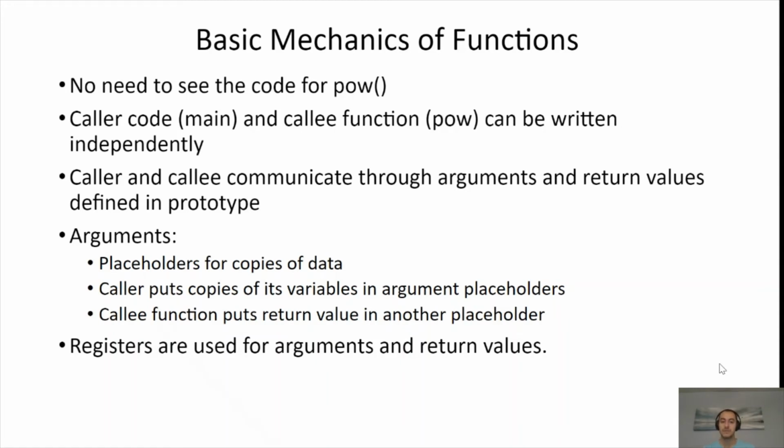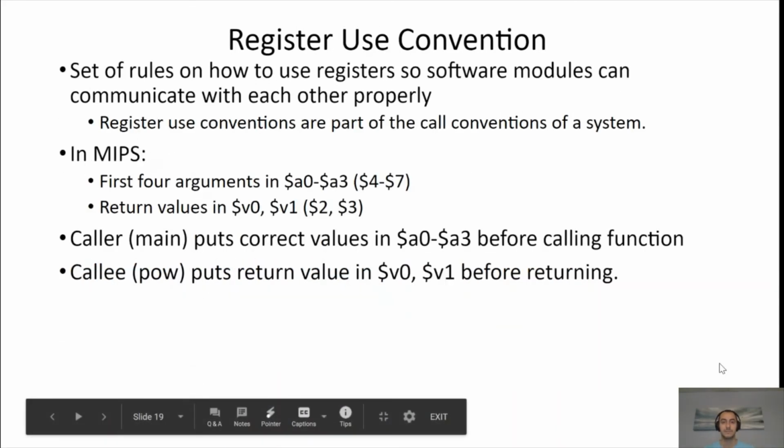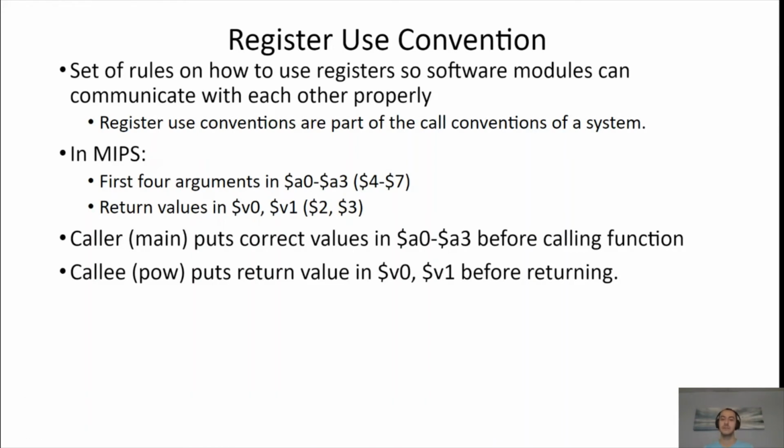So what we are using in MIPS is a few predefined registers used in a specific way to achieve this. As I said, these rules are a set of conventions that you use, and you expect that other programmers are using them.